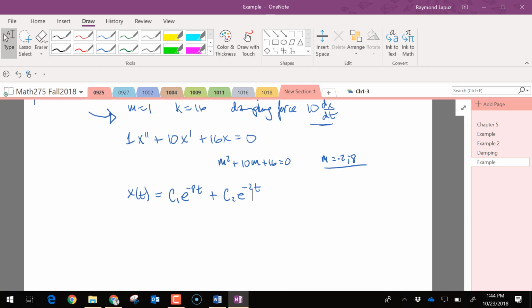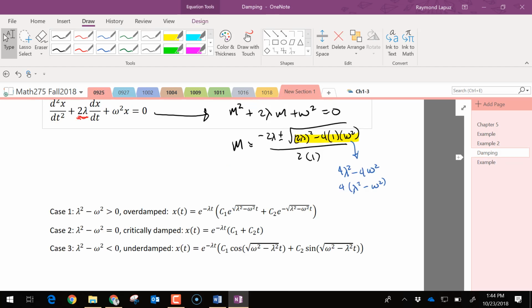Did I do something wrong? So lambda is what?